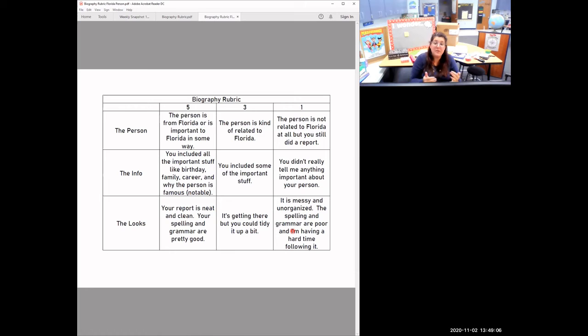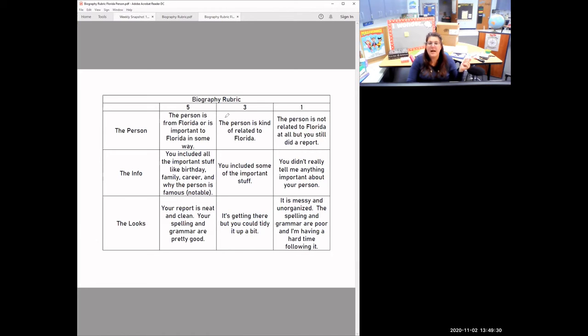So the minimum number of points you can get is 3, and the maximum number of points you can get is 15. And what I will do is I will have this rubric open next to me, and I'll read your report, and then I will highlight the boxes that you were able to accomplish.